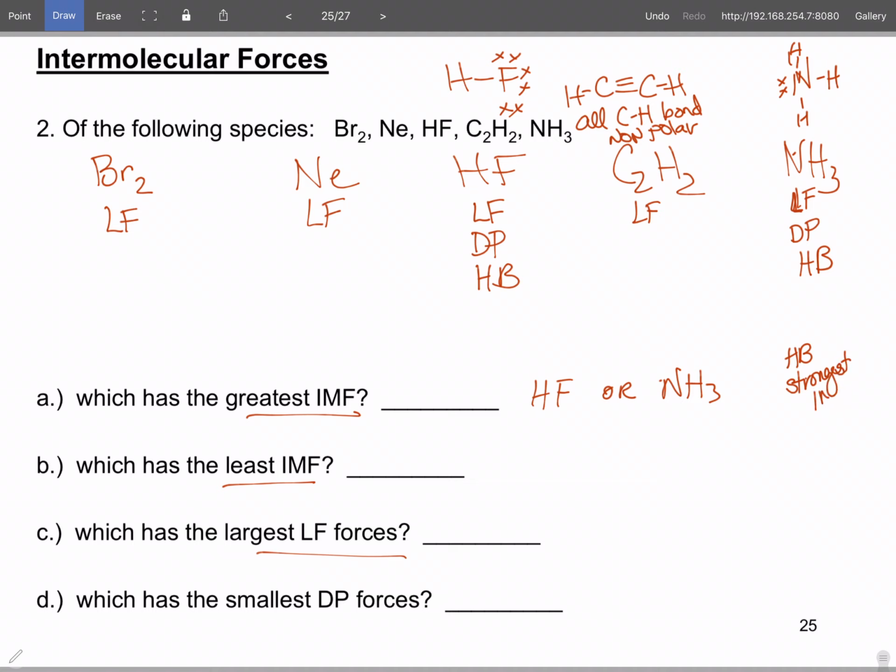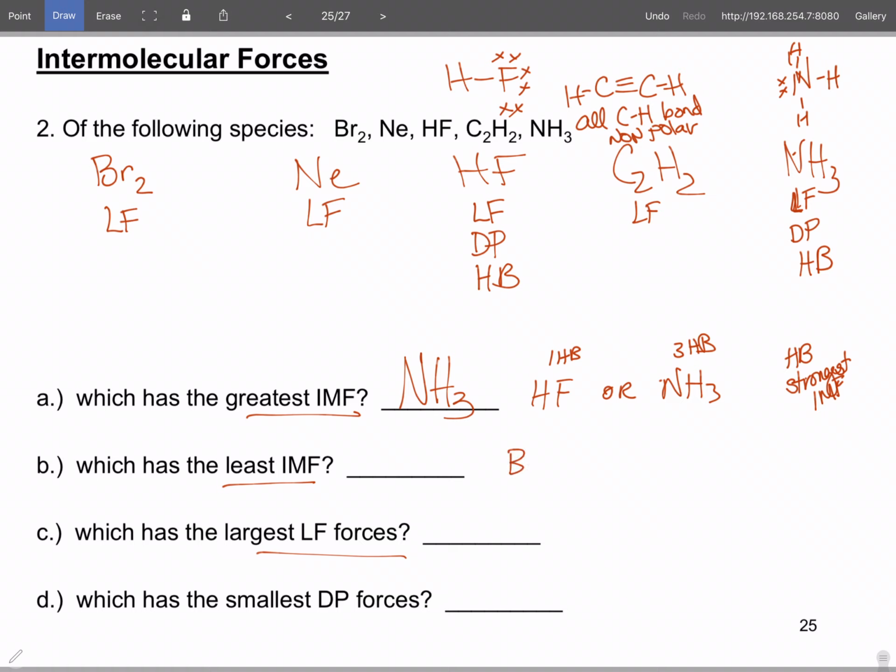So the question is, how many do they have? This one has 1 hydrogen bond. Well, look at ammonia. It has 3 hydrogen bonds possible. So which one do you think is going to have the greatest intermolecular forces? I'm betting NH3.